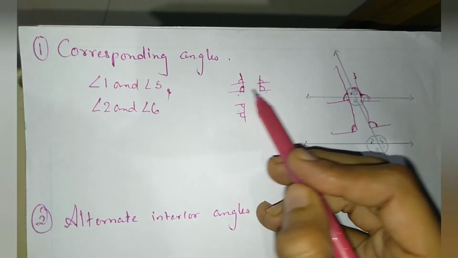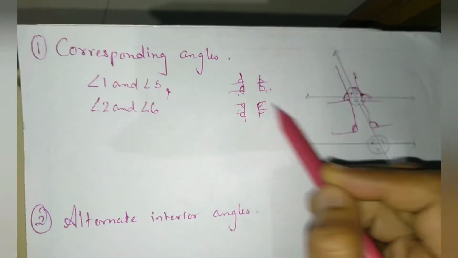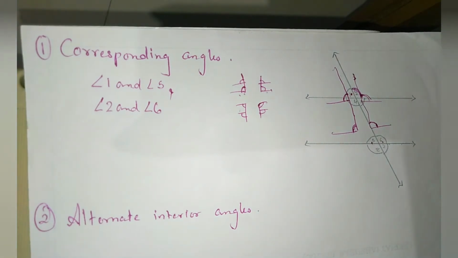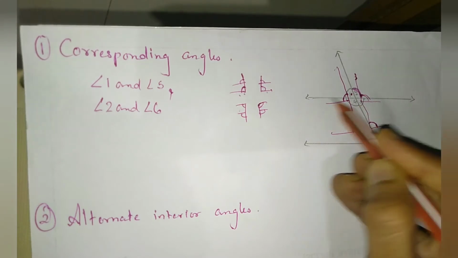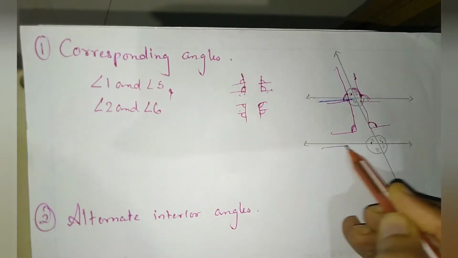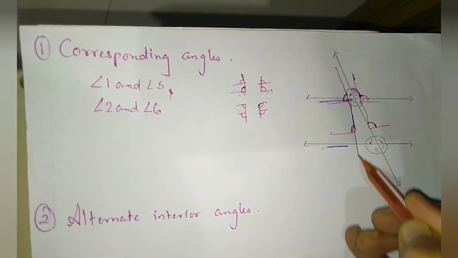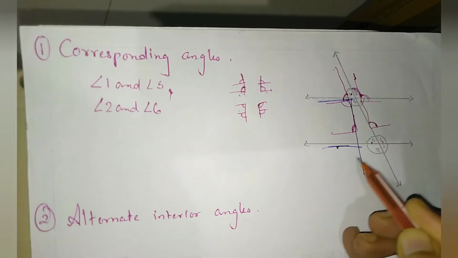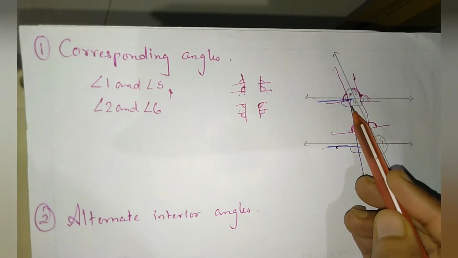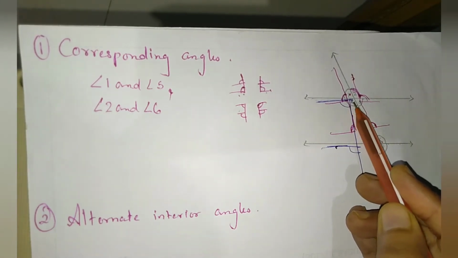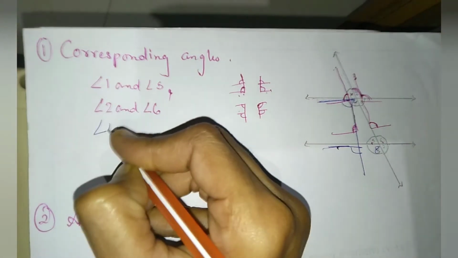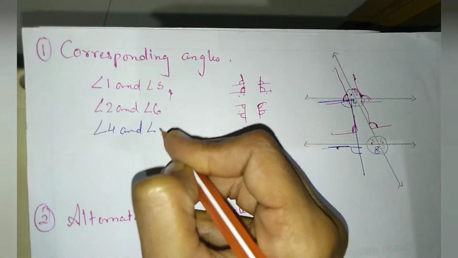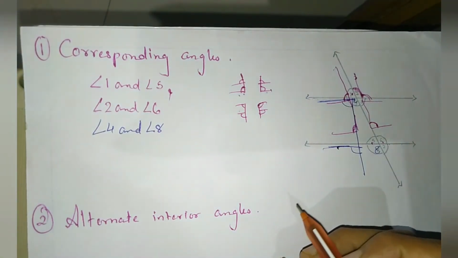Now we have done these two. Another two we have to do, these two. So we will take this line and this line, and we will join this. Now this angle and this angle are angle 4 and angle 8, corresponding to each other.